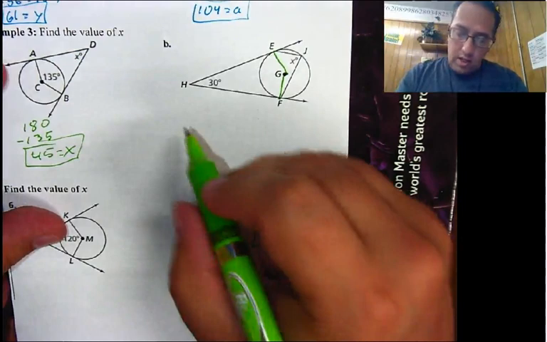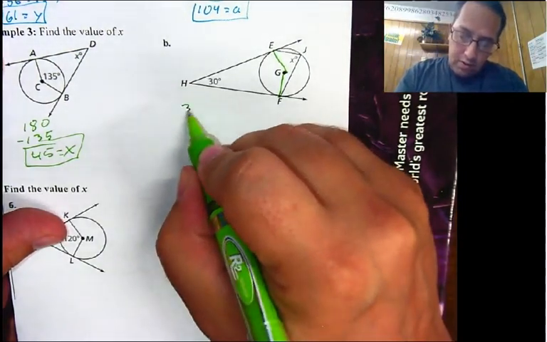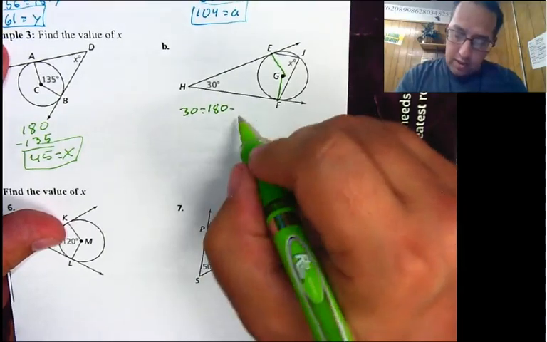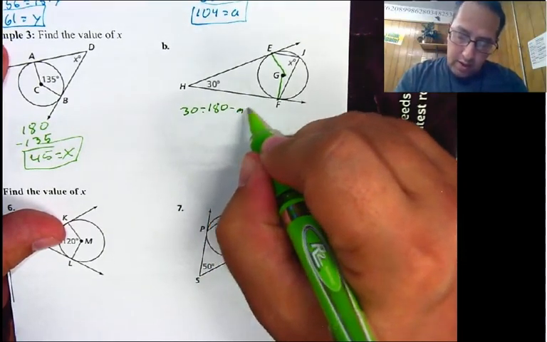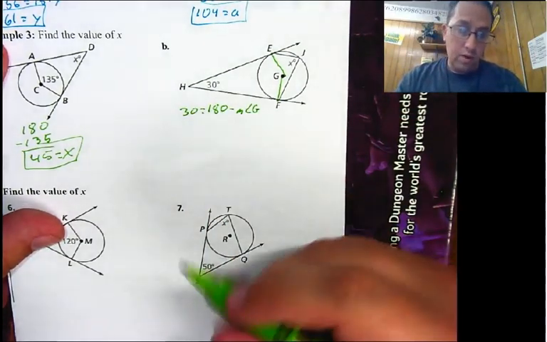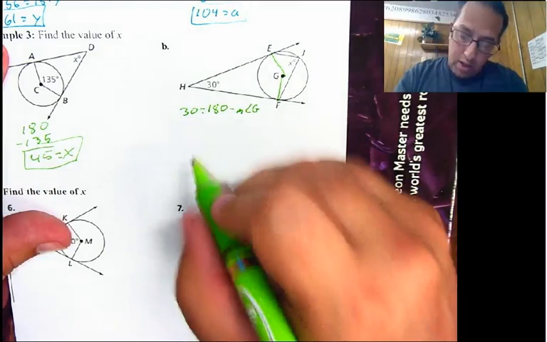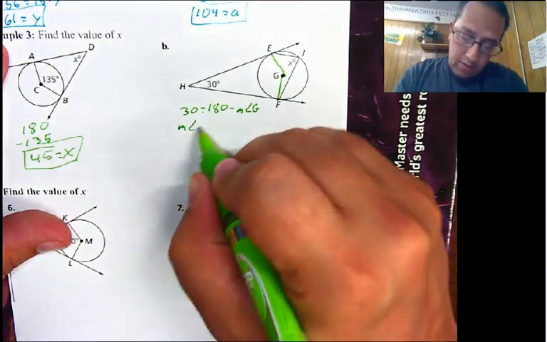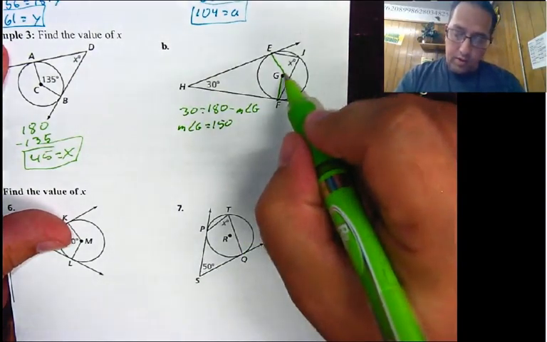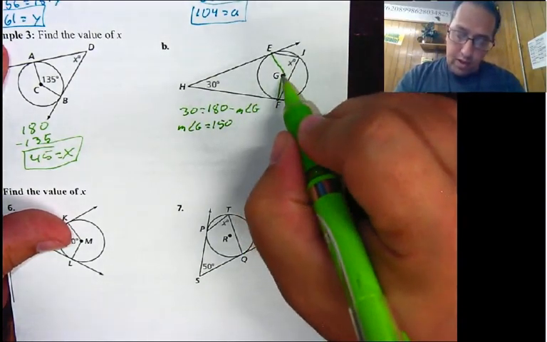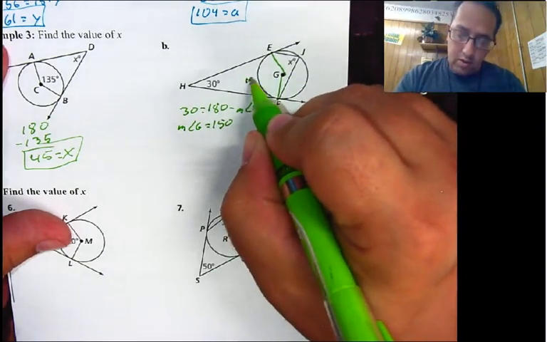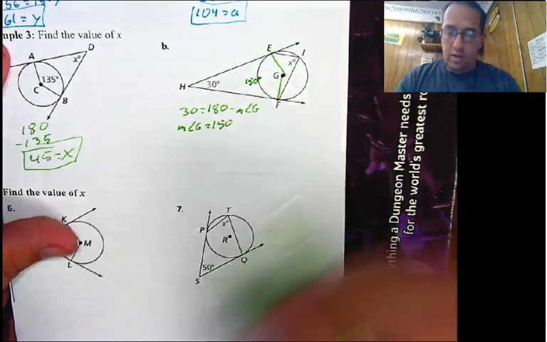Well, what we have, 30 degrees equals 180 minus the measure of angle G, right? So what we're going to do, 180 minus 30, and the measure of angle G is equal to 150 degrees. Okay, so this is 150, which means this arc is also going to be 150 degrees.